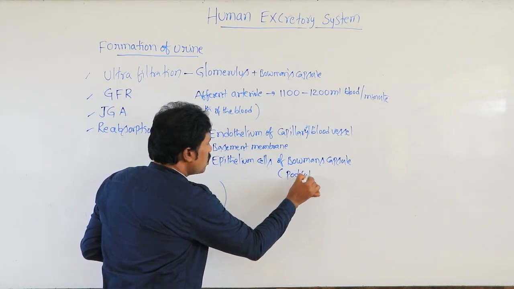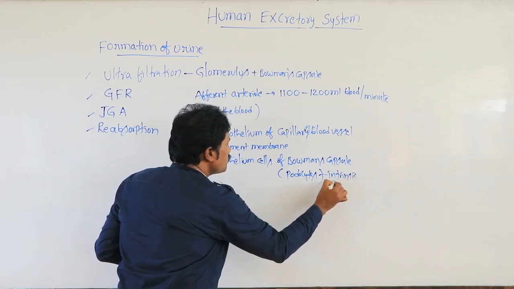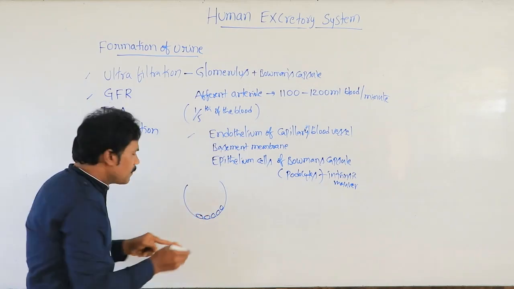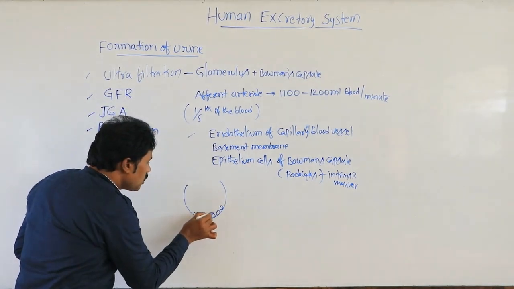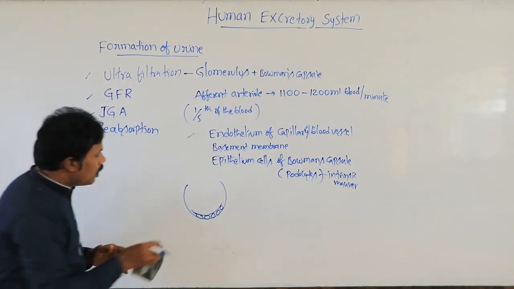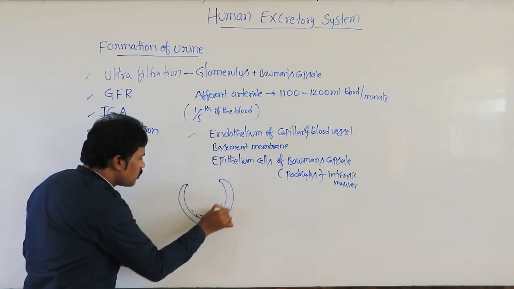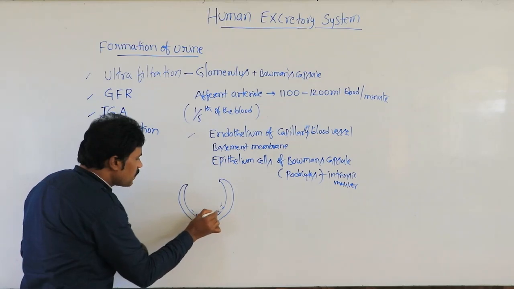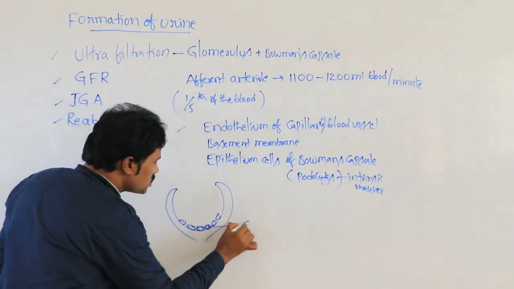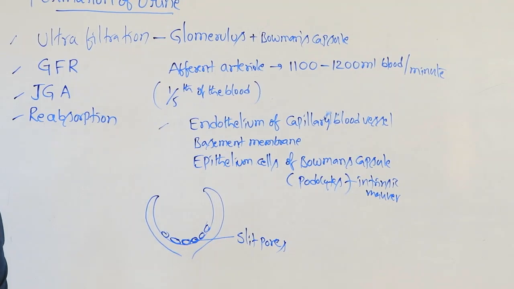That is why they leave specific holes or pores. This hole-like structure between the podocytes we call slit pores.